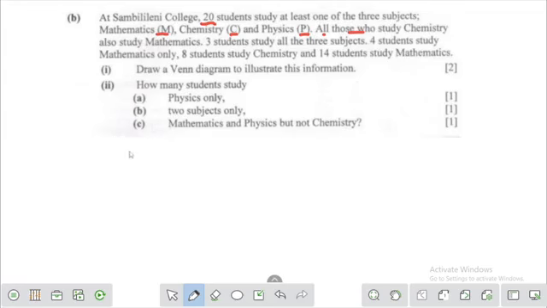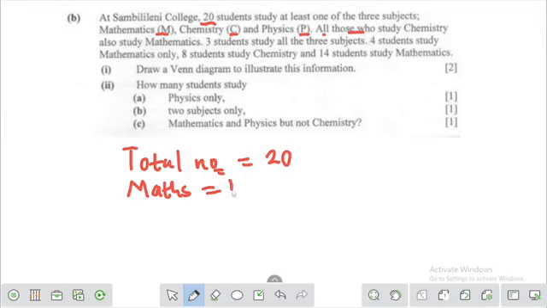So the first thing you have taken note of is that the total number of students at this college is 20. Then we have been given another piece of information that students who study maths, there are how many? 14 here. 14 students study mathematics.